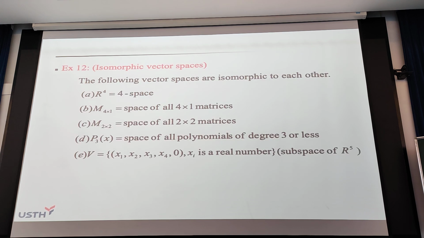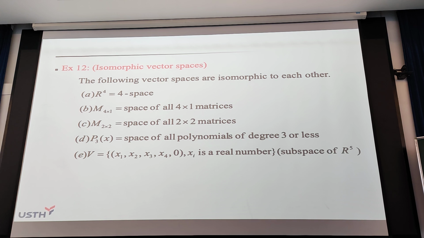And because we have an observation saying that two vector spaces will be isomorphic to each other if and only if they have the same dimension, here is an example for you. The R4, that is the 4 space, has dimension 4.